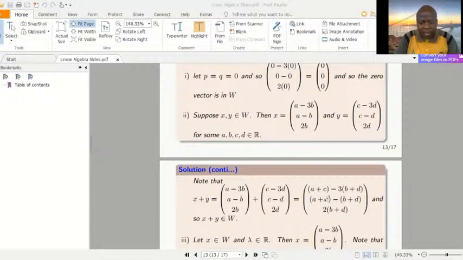Then this one becomes my p and this one becomes my q, where my p is a plus c and my q is b plus d. So you can see that this is p minus 3q, this is p minus q, and this is 2q. So this new vector is in W. That means this sum is in W.